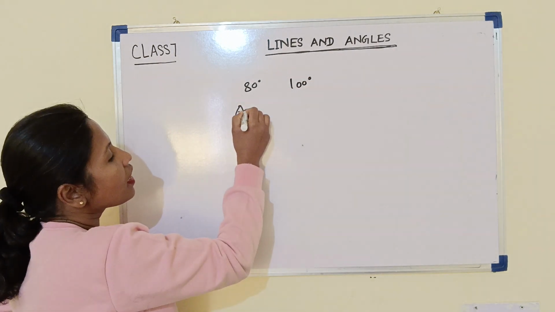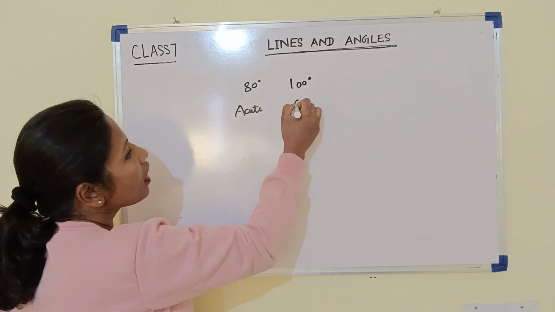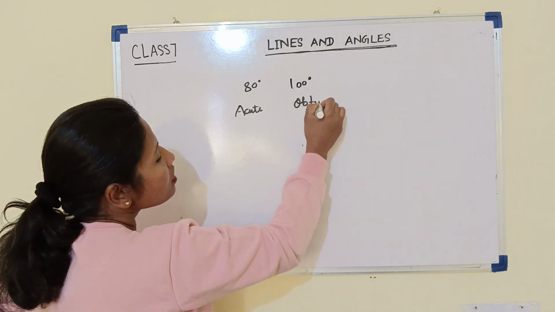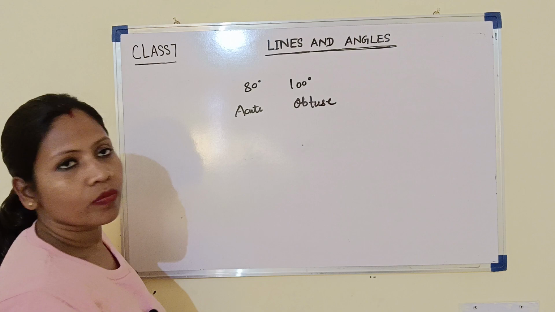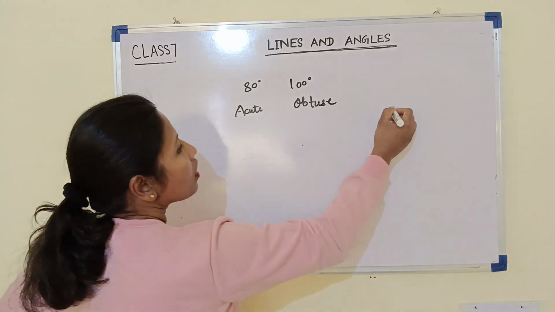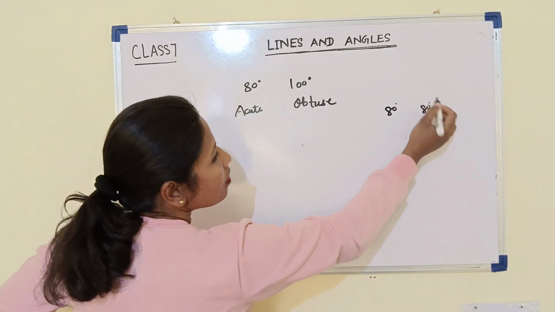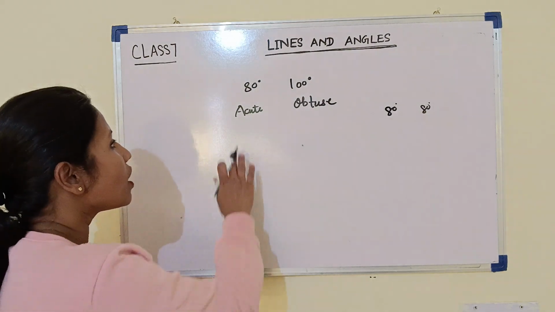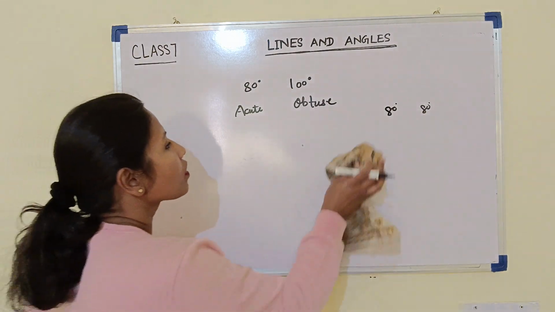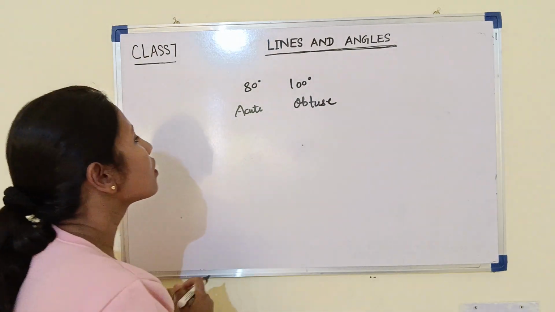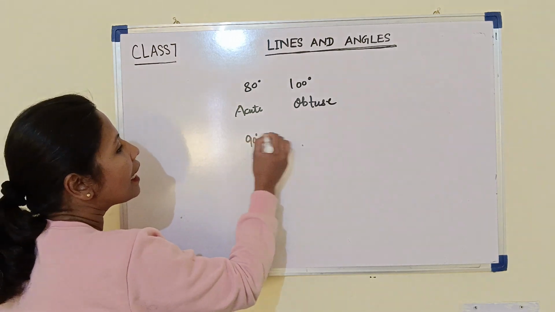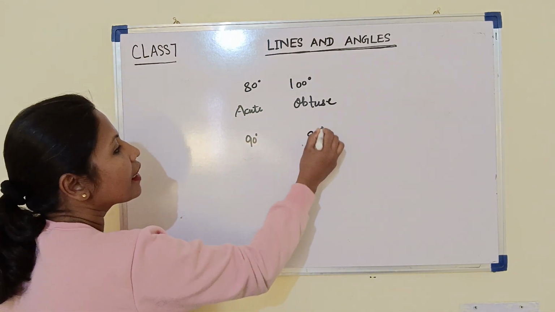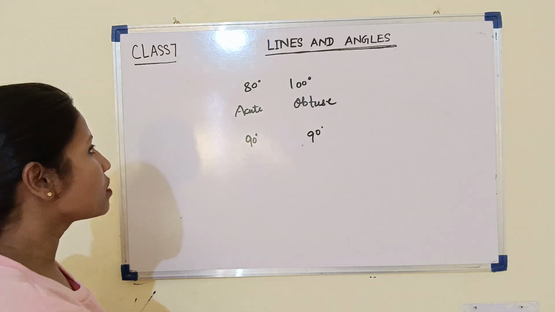So the combination is one acute angle and one obtuse angle. It's not possible that two acute angles, 80 degree and 80 degree, work, because one should be obtuse and one should be acute, or either 90 degree and 90 degree, right angles. So this condition is possible.